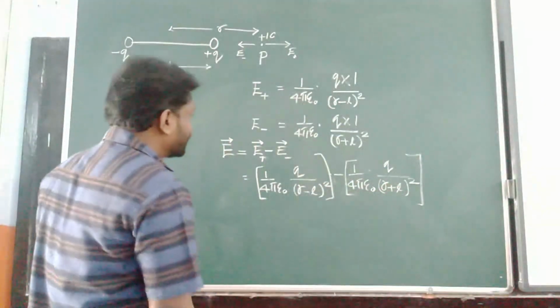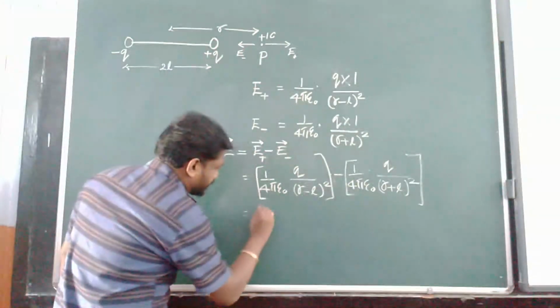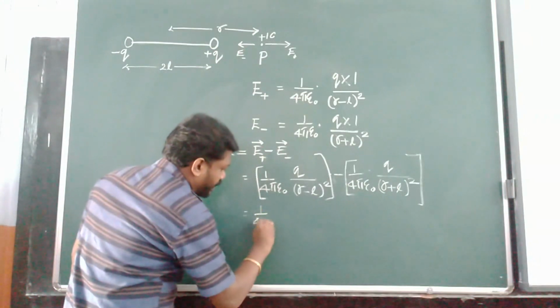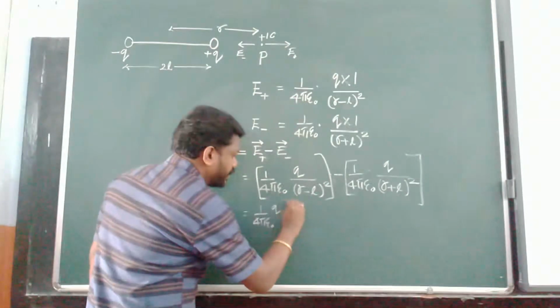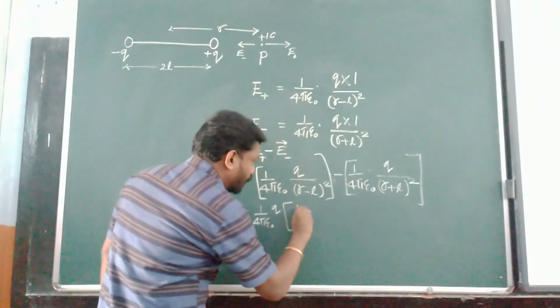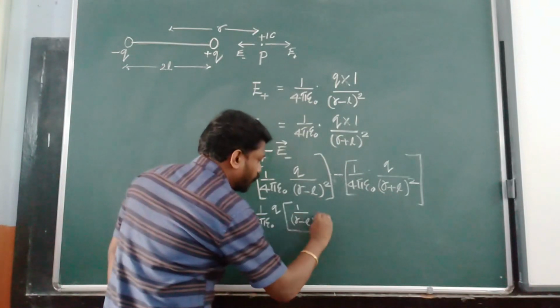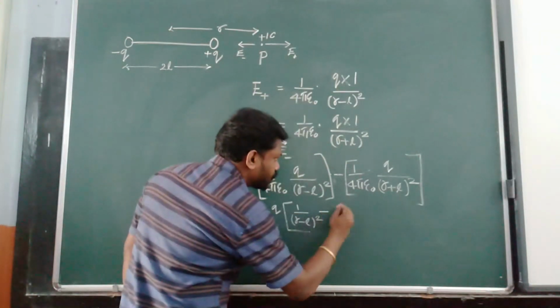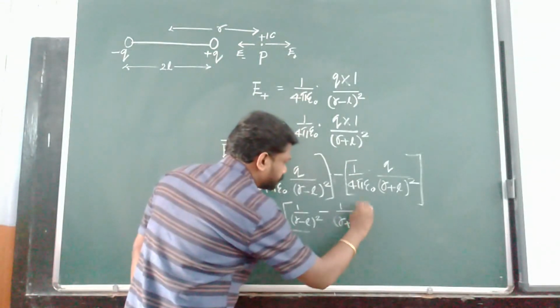So common terms you can take out, which is 1 by 4 pi epsilon 0 multiplied by, again q will be out, q into 1 by r minus L whole square minus 1 by r plus L whole square.